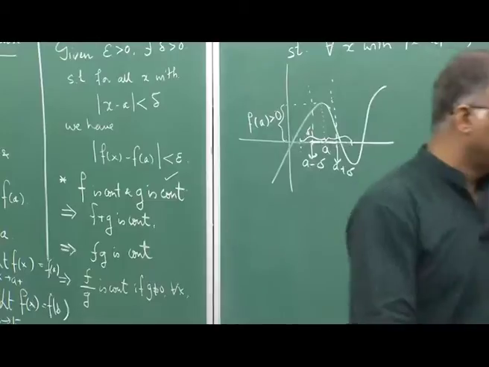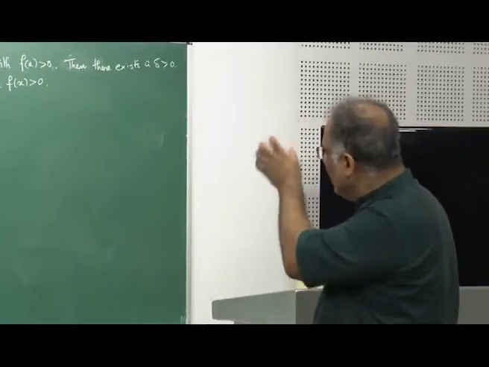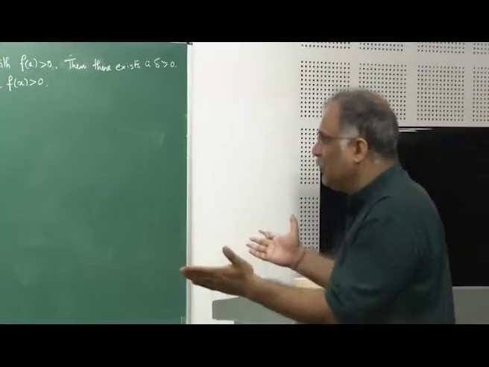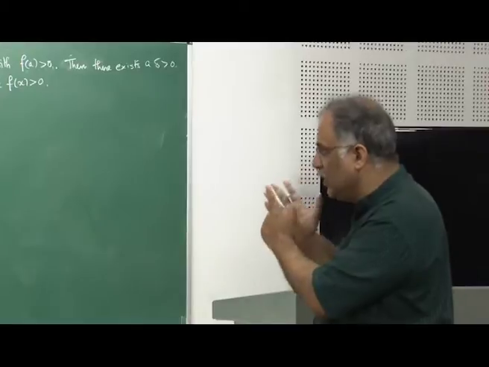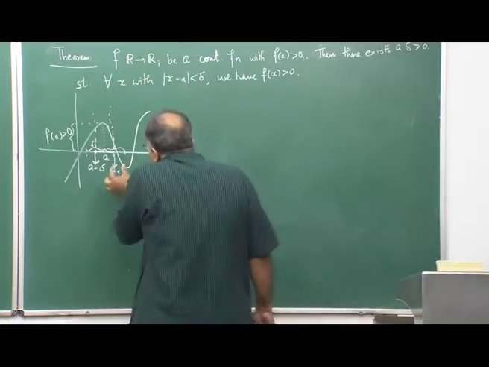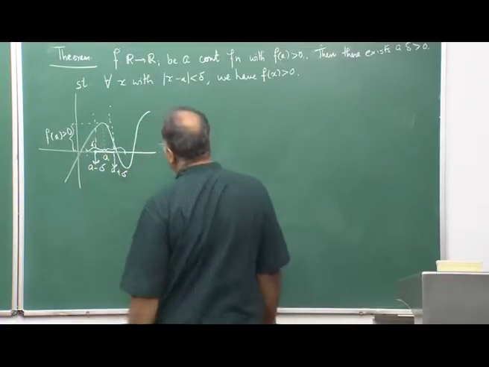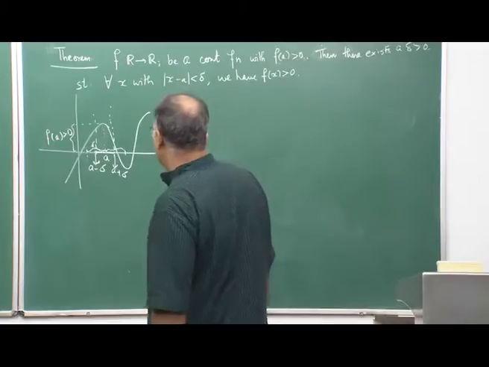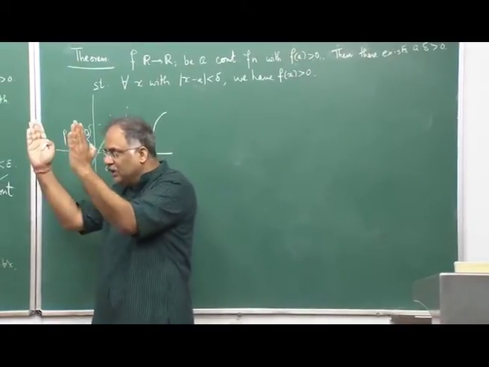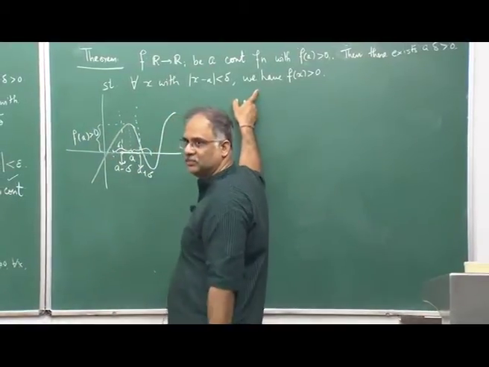So, the result is that there is some delta, that is the whole key idea here. It does not work for all the deltas, it works for only one delta, or if you know it works for one delta you can keep on making it smaller, then it will work. So, basically there is a threshold value of delta beyond which this result will break down.